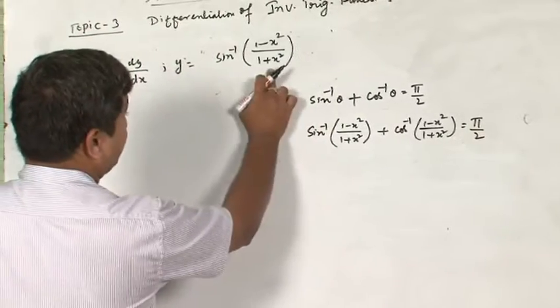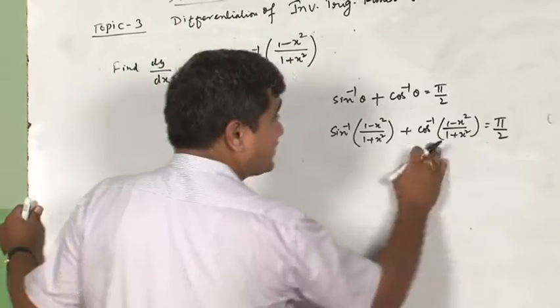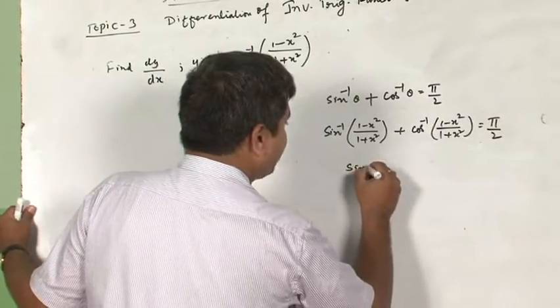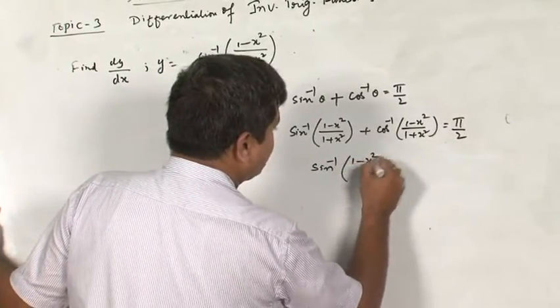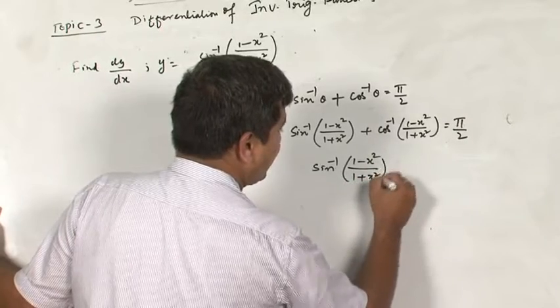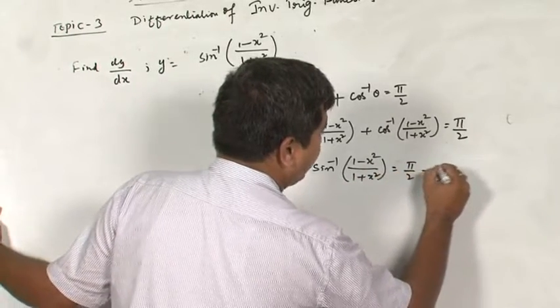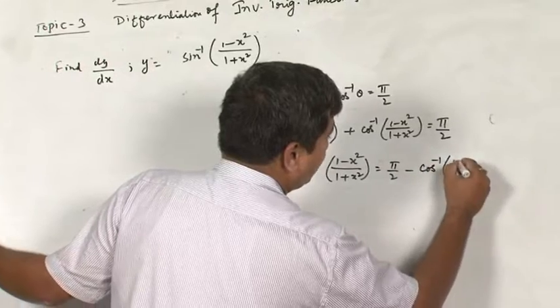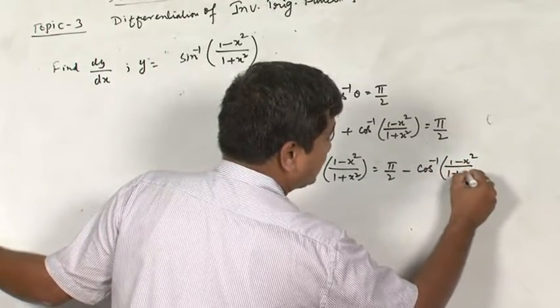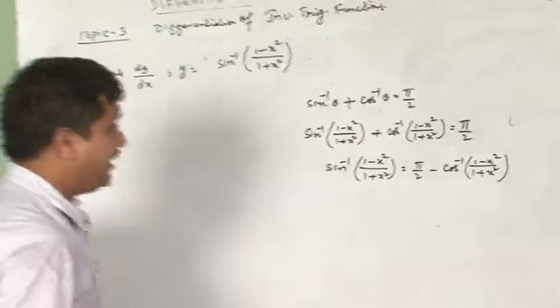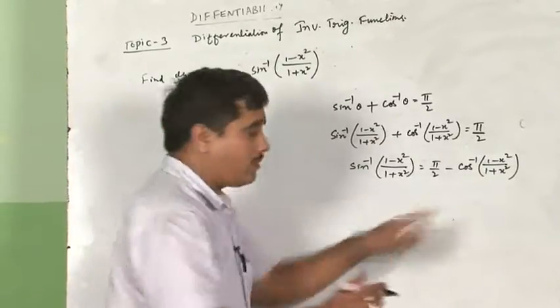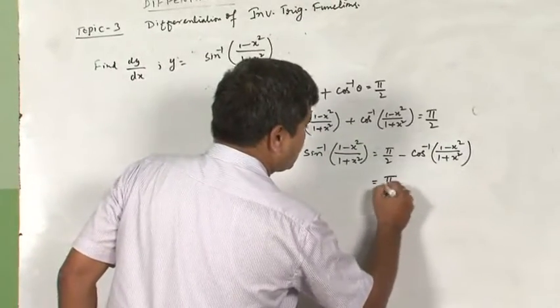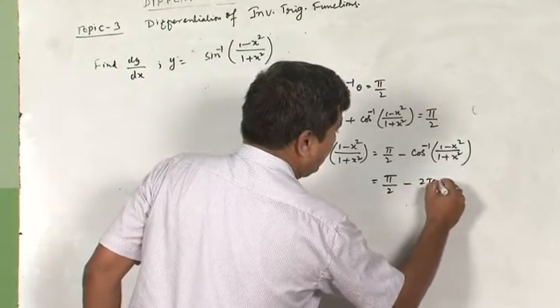Since the function given is this, leaving this one at the center, you get sine inverse of (1 minus x square) upon (1 plus x square) is equal to pi by 2 minus cos inverse of (1 minus x square) upon (1 plus x square).